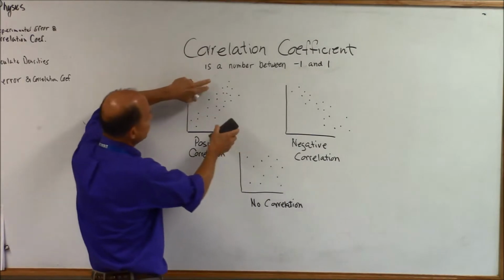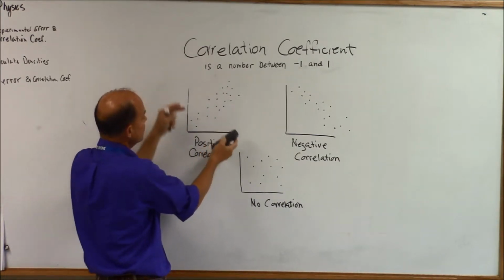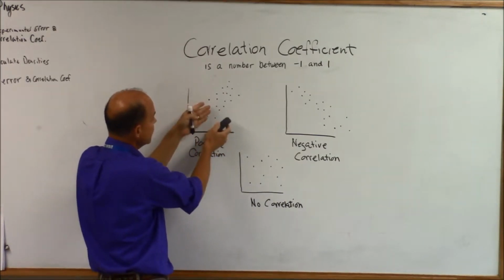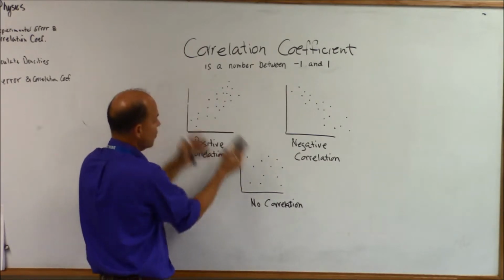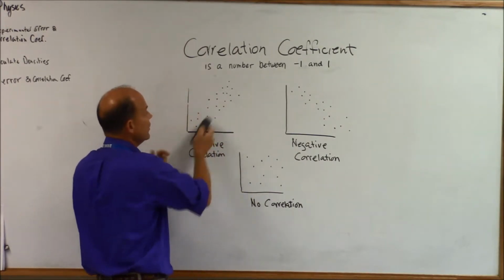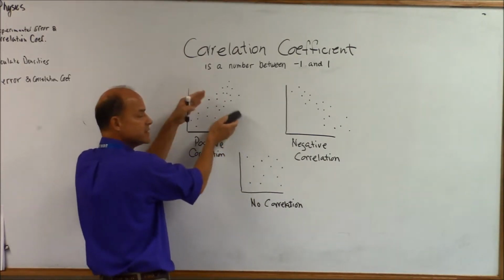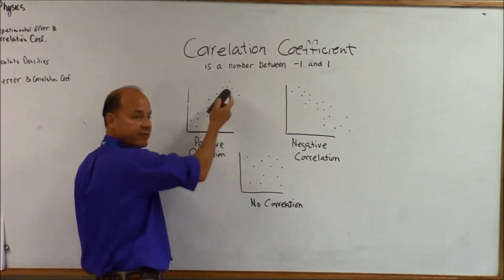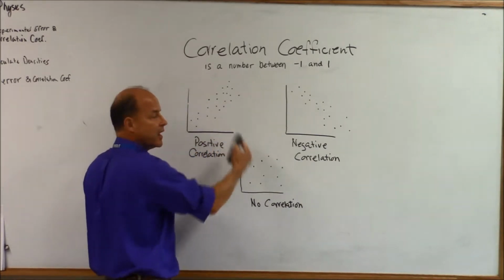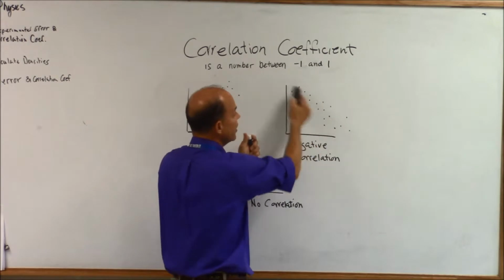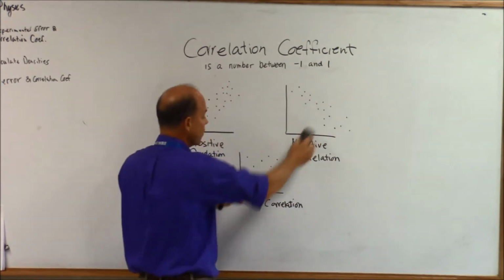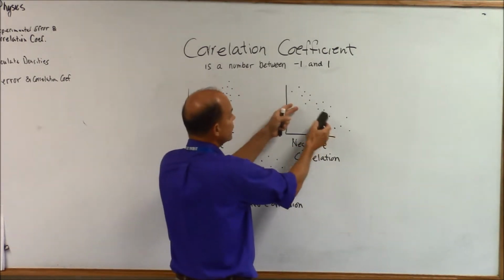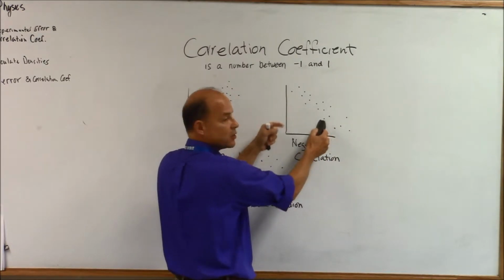If this is positive correlation, it's either not correlated or it's positively correlated. This is definitely more organized than that, so this must have some value, but everything is not perfectly on a line. It must have some value between 0 and 1. And everything's not falling on a line right here, but it's certainly more organized than that. So the correlation coefficient's got to be between 0 and -1.